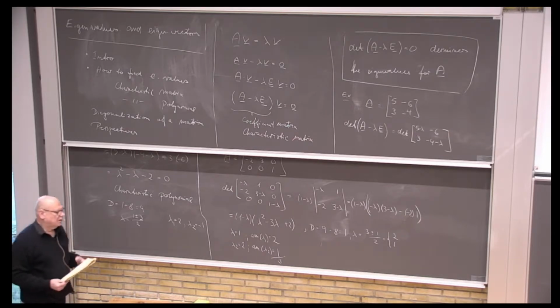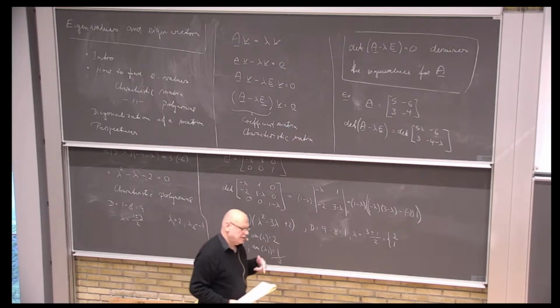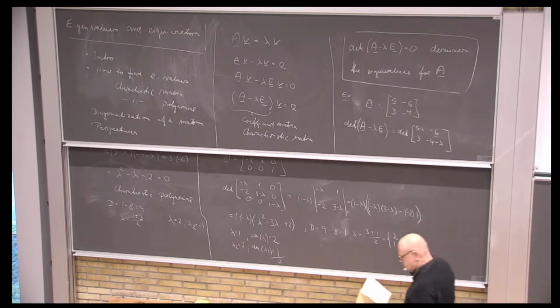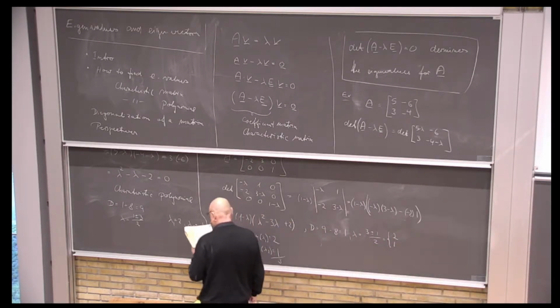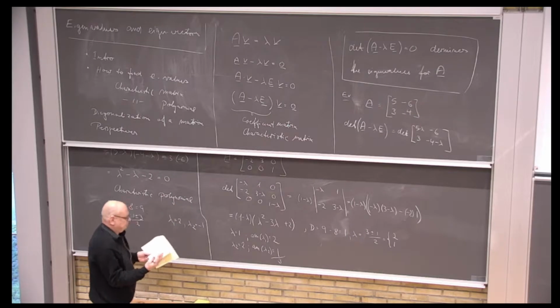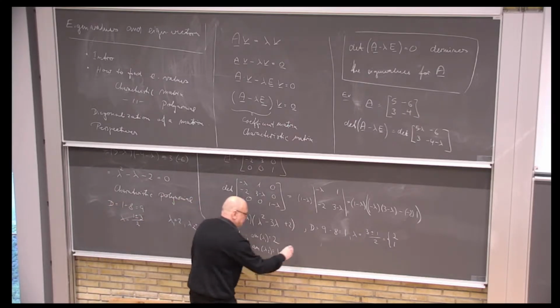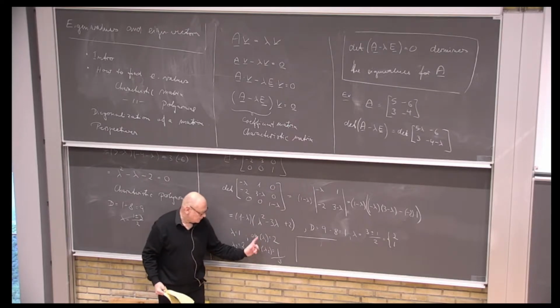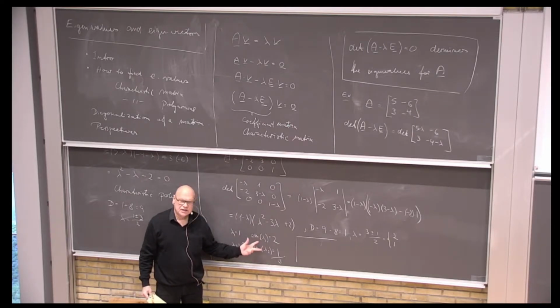Now, what I'm going to talk about today and what you are going to see in the exercises is that, if you count with multiplicity, as we do here, then you can say that the characteristic polynomial always has n solutions.